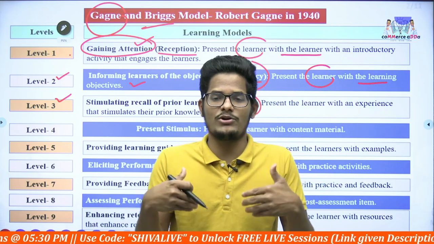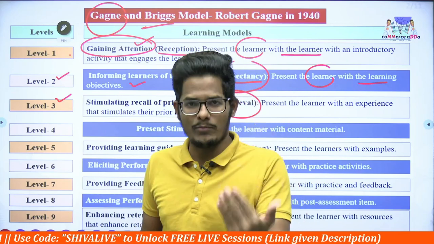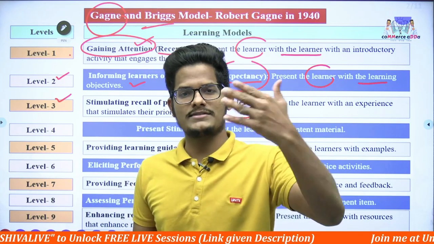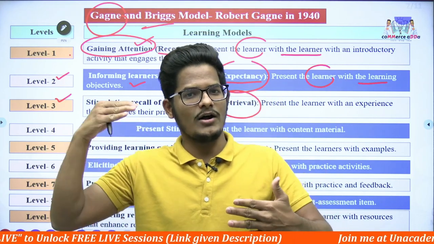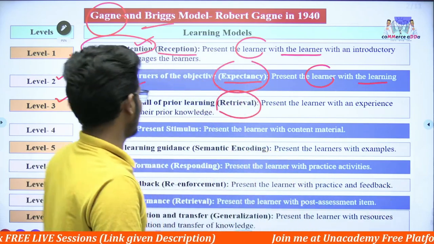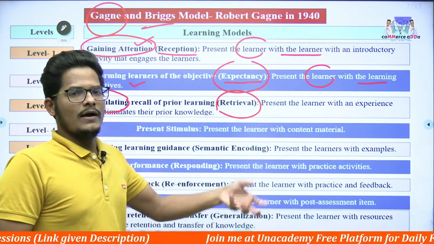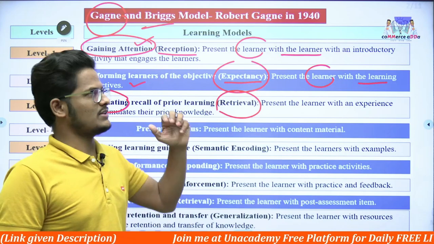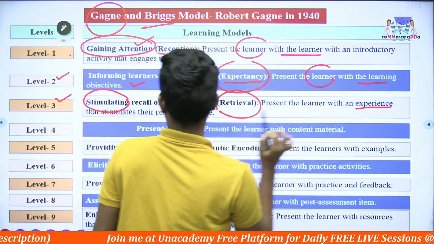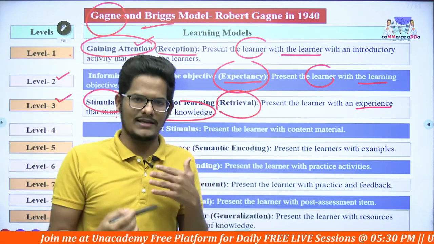By asking a question before starting the topic or before explaining in detail, if learners are able to answer something, it means they are trying to recall their memory of previous learning. So stimulating means giving the learner a chance to recall as much as possible with respect to the concept we are going to discuss in the classroom. Present the learner with an experience that stimulates their prior knowledge, that will enlighten and recall their prior knowledge.